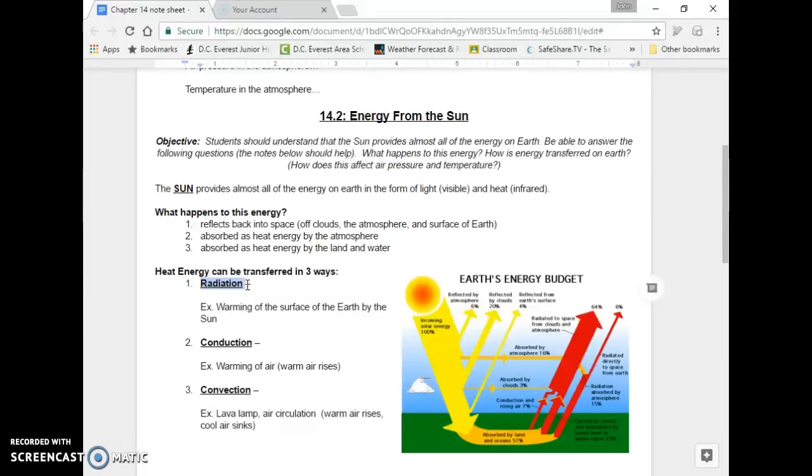Okay? The best way to describe radiation is just to experience it. So if you were to stand near a campfire, or a stove or some sort of a heat source, you will feel the heat soaking into your body, but only to the surface that is facing the heat source.